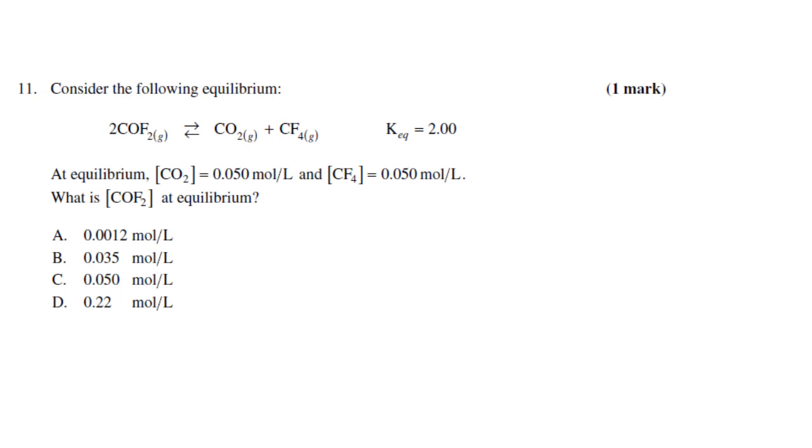Okay, this one right here, we have what is COF2? So same kind of question as before. I'm going to write a KEQ expression. Everything is gases, so everything goes into the equation. And we're going to look at CO2. That's a bad C. CO2. CF4. Or COF2.